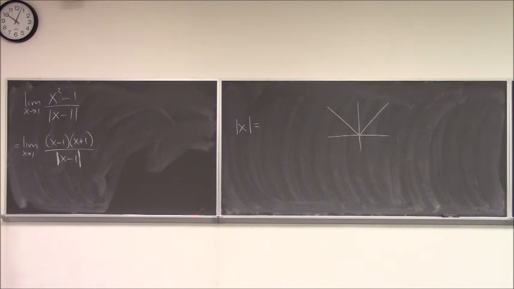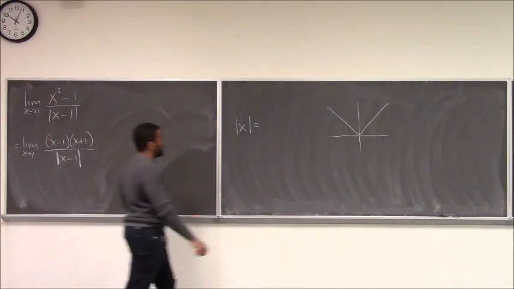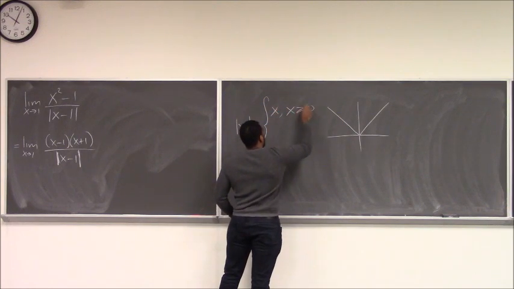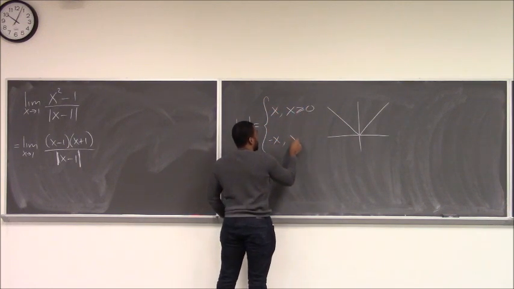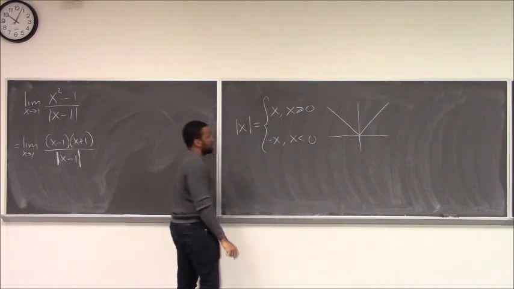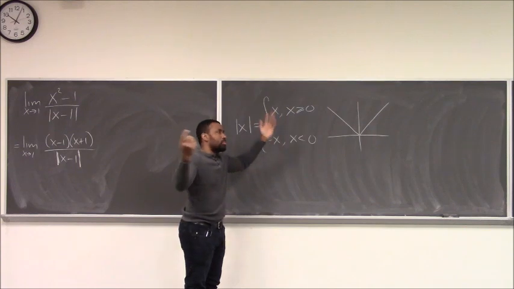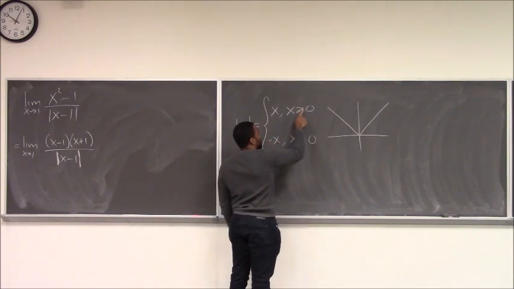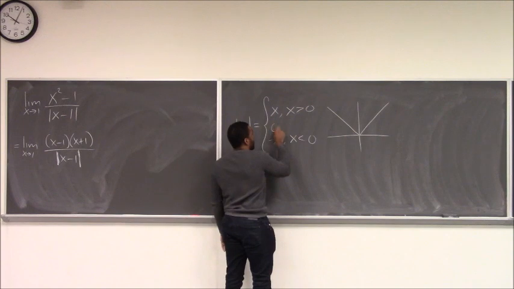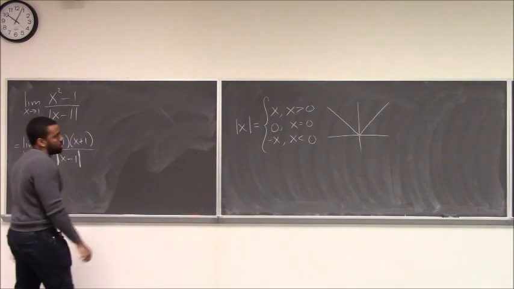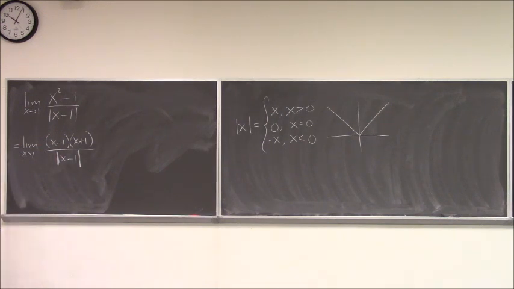Well, that could be, like, x could equal plus or minus x because of the absolute value. So either x if x is greater than or equal to 0, or minus x if x is less than 0. It's kind of optional where you put the equal sign. Different people put it in different places. If it bothers some of you, you can actually just put in a third line. That's basically how you want to think of the absolute value in algebraic terms.